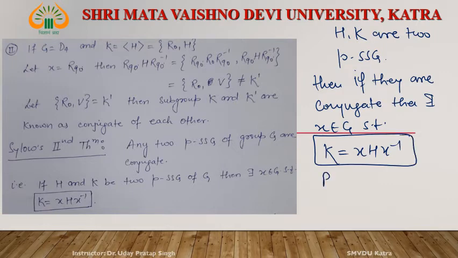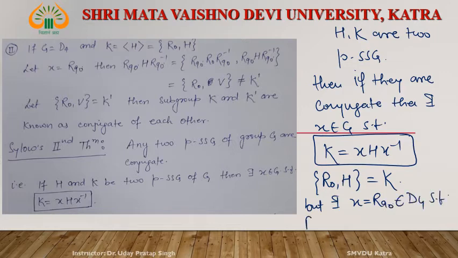In the previous example, R naught and H, this is K. But there exists X, say R90 belonging to D4, such that R90 K R90 inverse is equal to R naught V, which we call K dash.